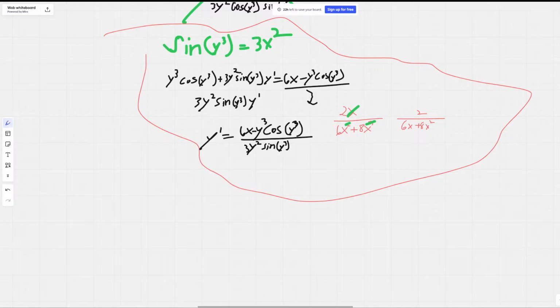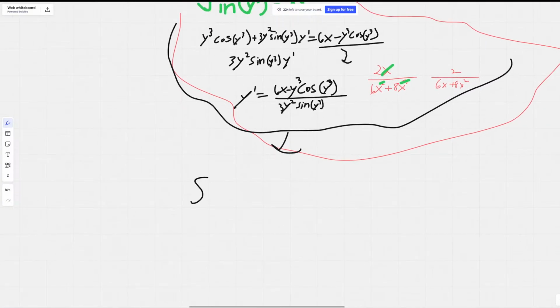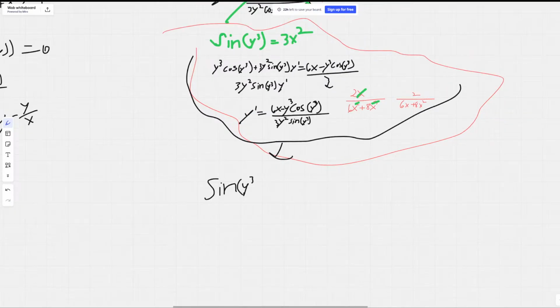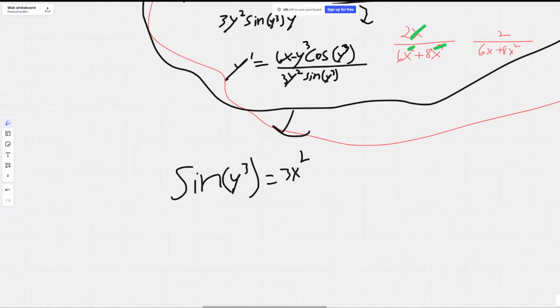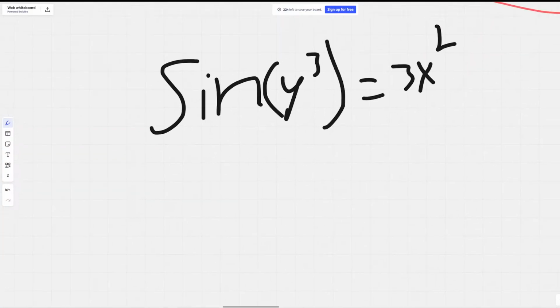Just that. If I took all that and brought it down. Okay.